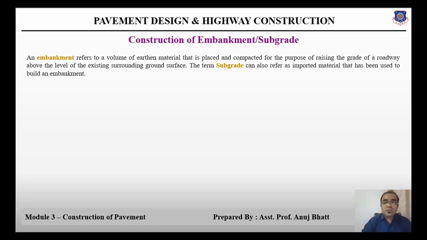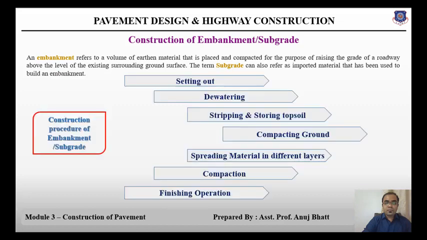So let's talk about its construction process, or we can say construction operations. So this is the construction procedure, wherein the first step is setting out of work. Okay, now what is setting out?